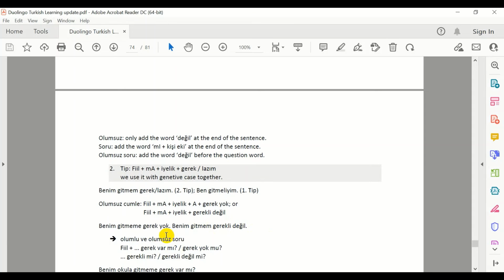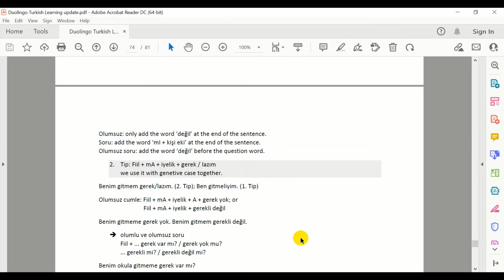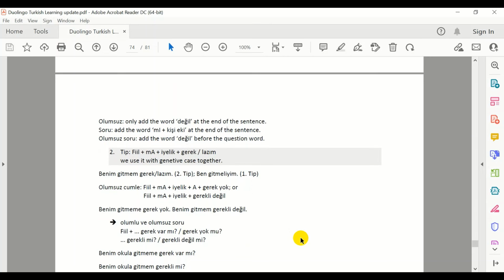And olumlu ve olumsuz soru. When you want to use this structure in interrogative form, here is the structure. First you have the verb, then the rest of the sentence, and at the end gerek var mı or gerek yok mu.